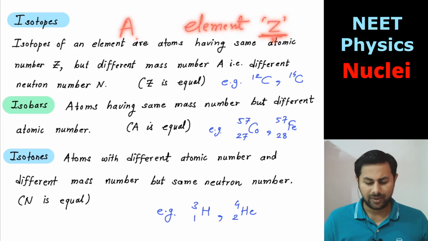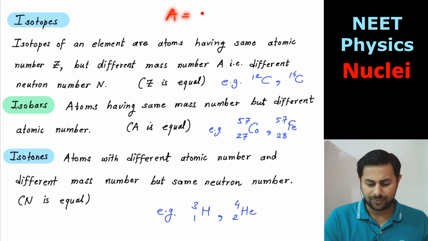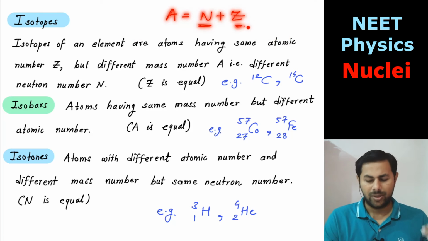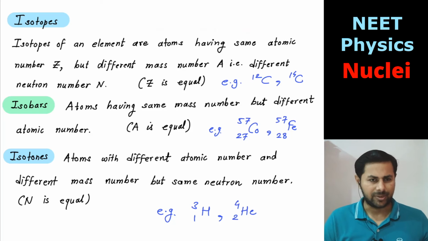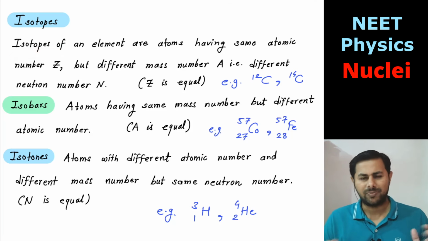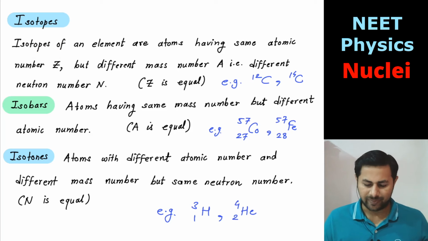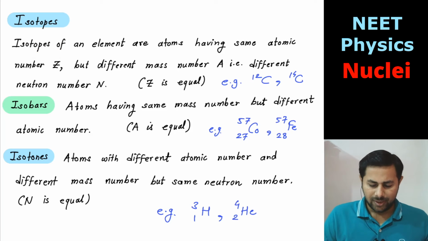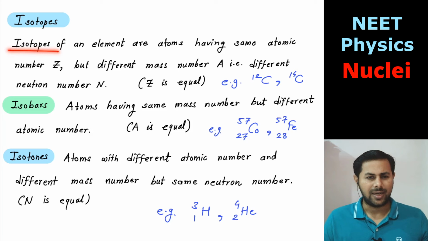We know A is equal to n plus z, number of neutrons plus number of protons. So if z is same and A is different, that means the number of neutrons is different. These are elements having the same number of protons but different numbers of neutrons, so they are known as isotopes.